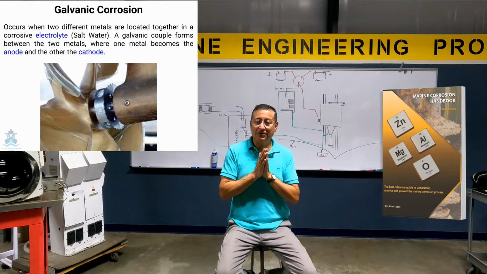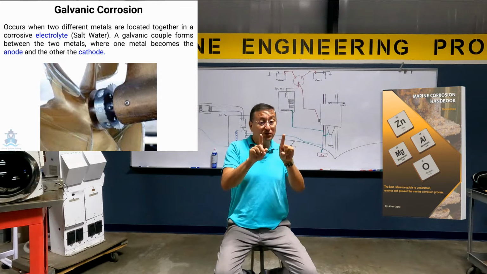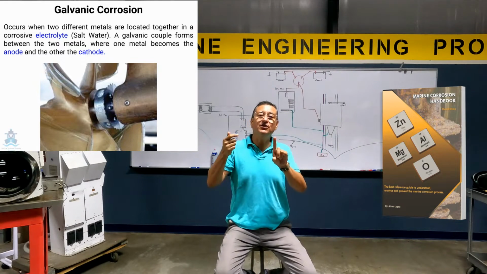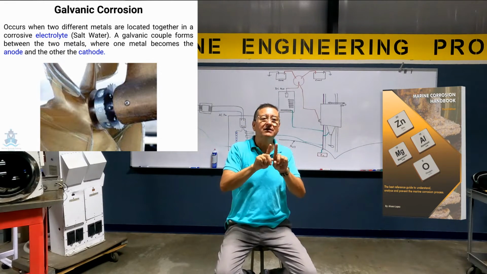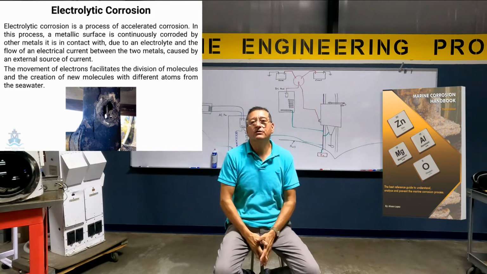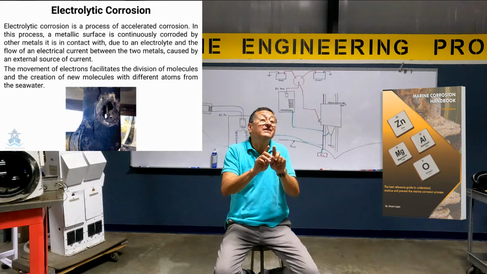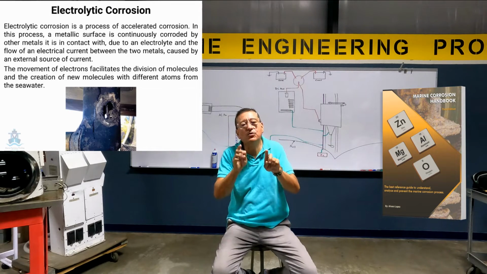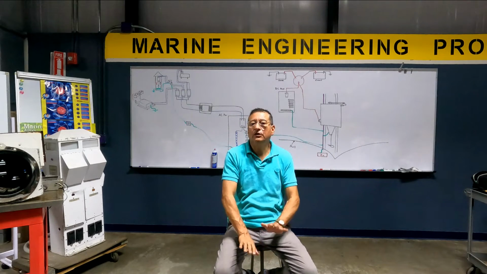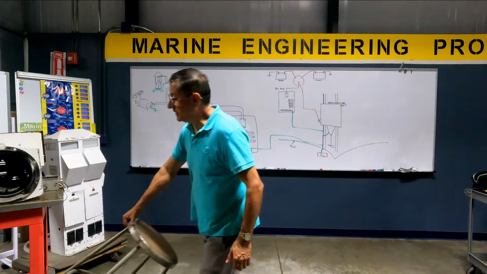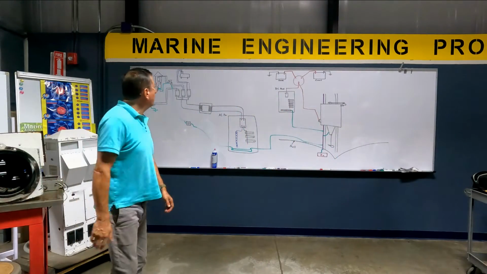And what is the name of the corrosion when you have those two dissimilar metals together in a marine environment, but additionally a current is passing through? Electrolysis, electrolytic corrosion. Electrolysis is galvanic corrosion plus current. Finito. Okay, we are going to check the diagram that I have here on the board.